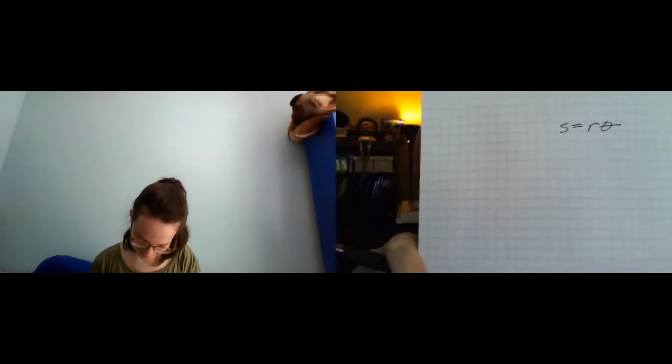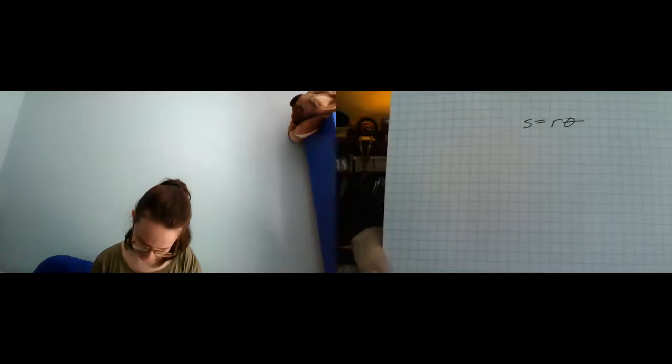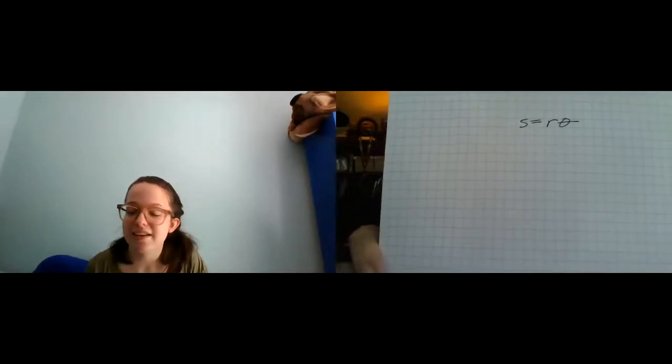Oh, okay, take that back. 0.4 meters per second. Now, I noticed that you had to look up an equation. I don't know if you remember this equation, but that's how you find arc length: s equals r times theta.